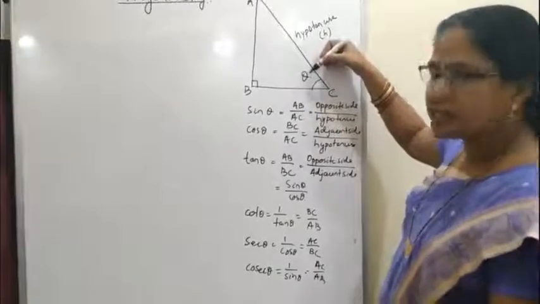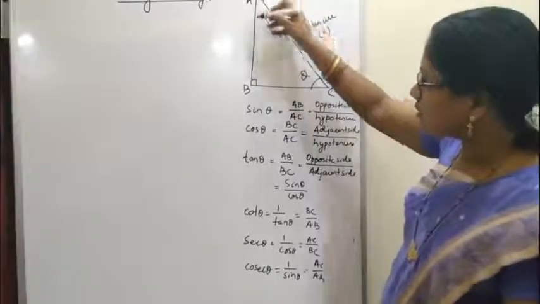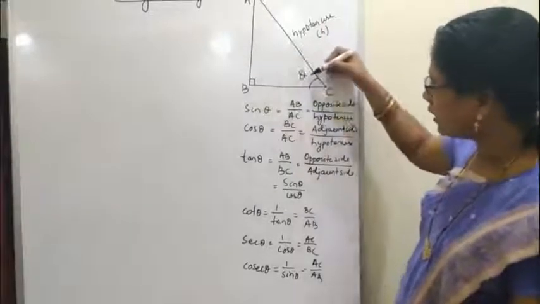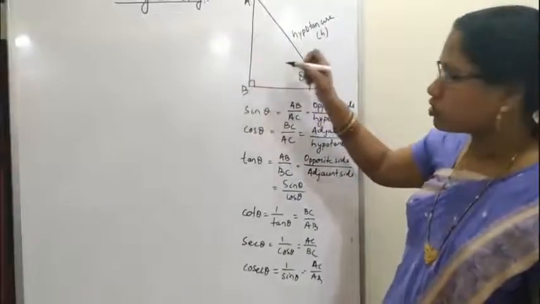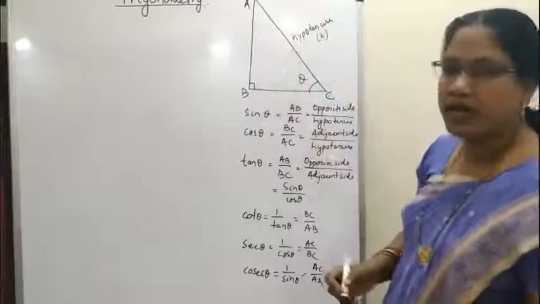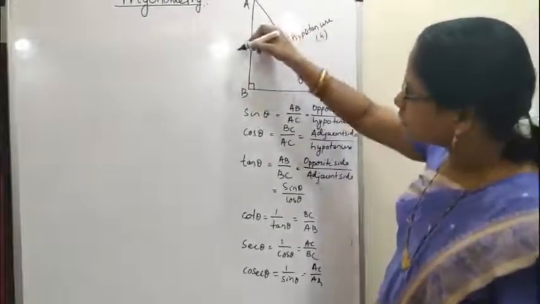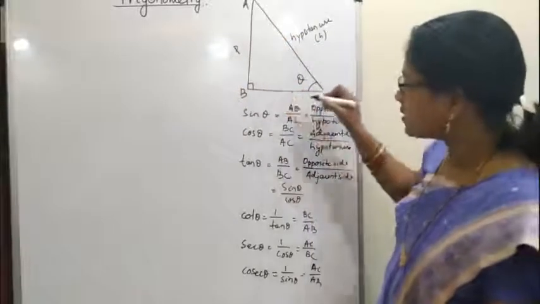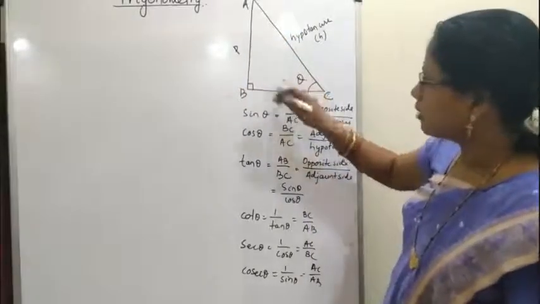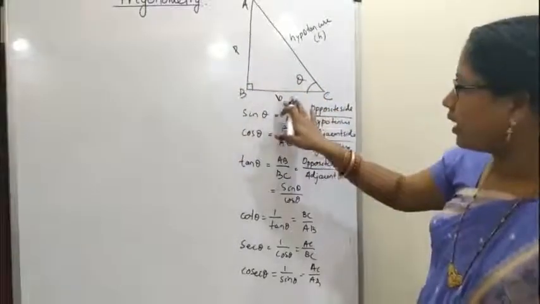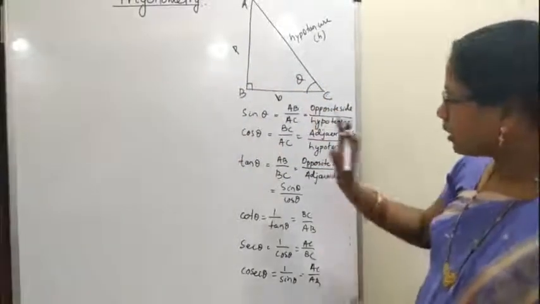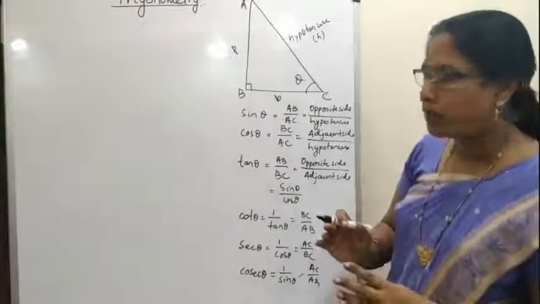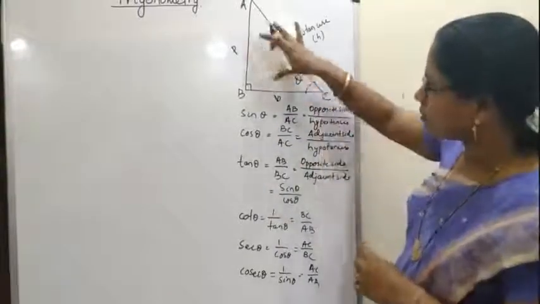The opposite side of angle theta is AB and the adjacent side of angle theta is BC. Sometimes the opposite side is termed as P for perpendicular and the adjacent side is termed as B for base. But here, for your convenience, I have taken the names of the sides.